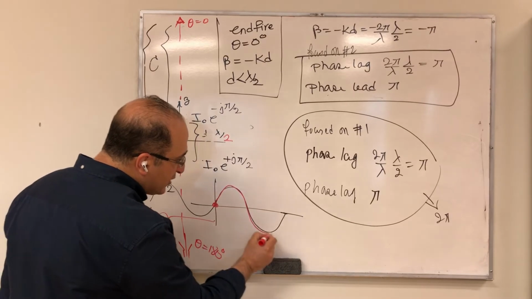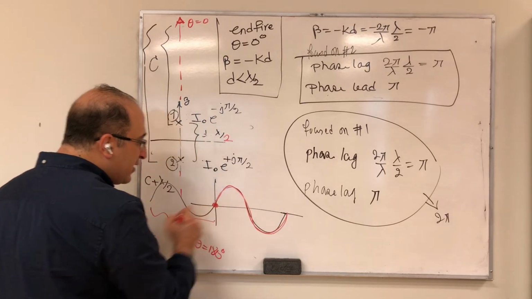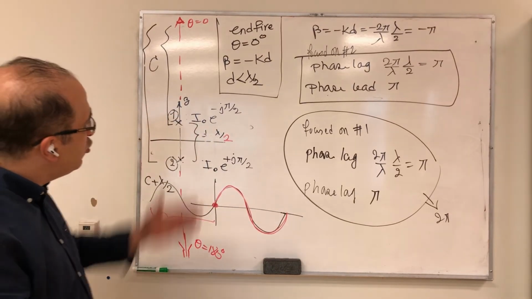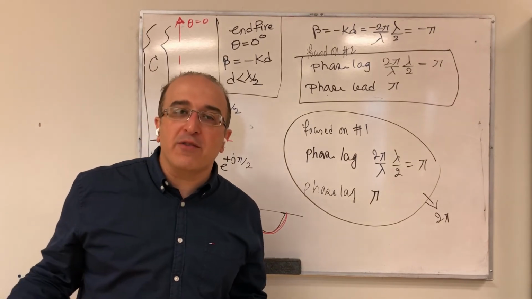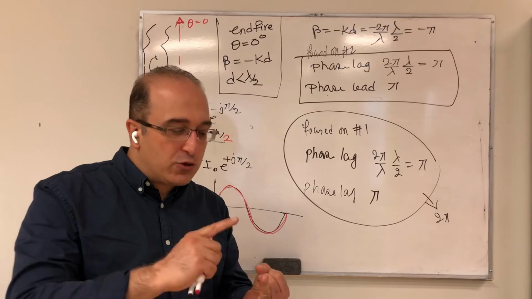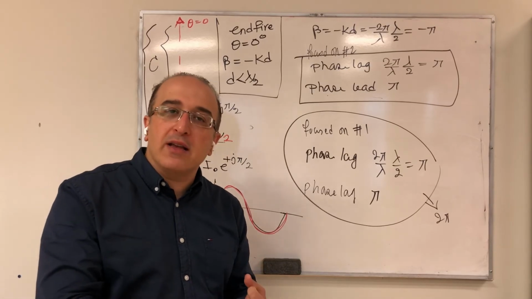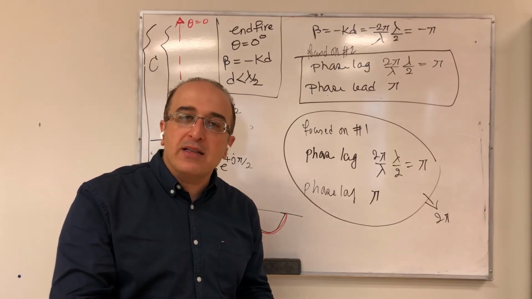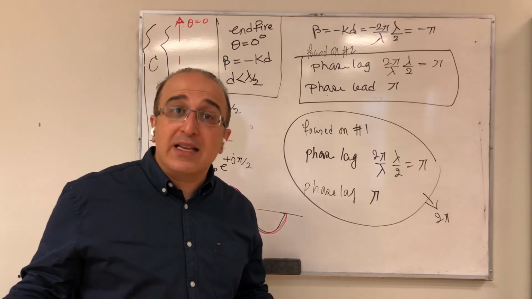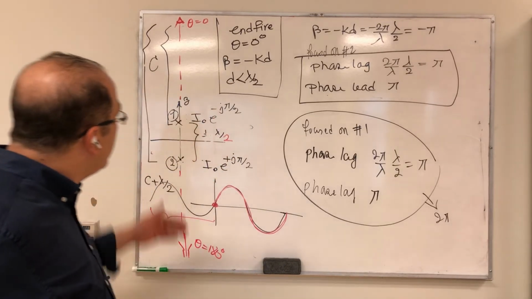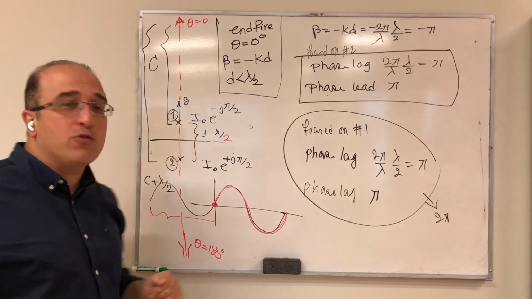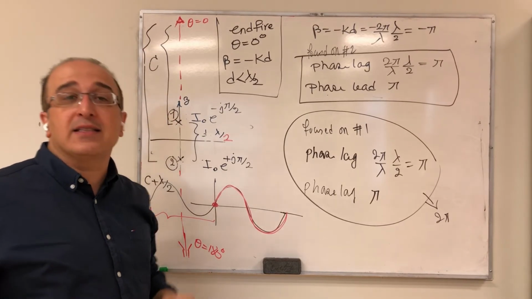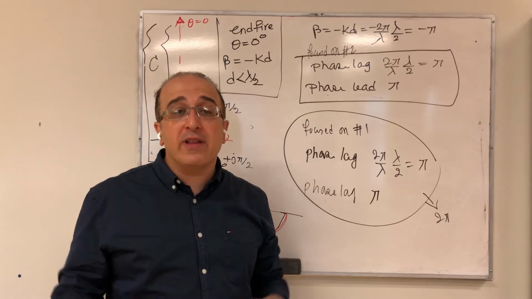But as you see, they're going to be on top of each other. They're going to be in phase. So 2 pi phase difference is essentially saying that there is no phase difference. 0 phase difference, 2 pi phase difference, 4 pi phase difference, 6 pi phase difference, they're all the same thing for us. So that's why this is going to have a maximum at theta equals 0 and theta equals 180 at the same time, and therefore it has a grating lobe.